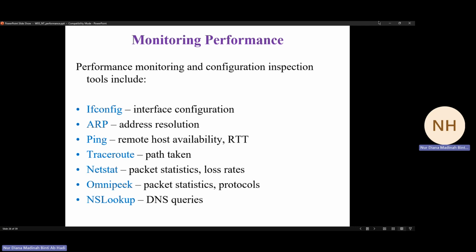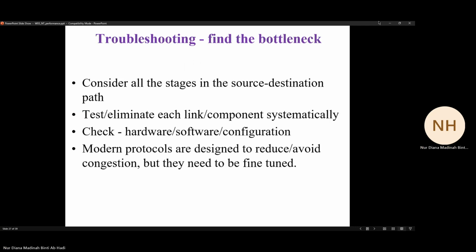The first one is ifconfig, which is your interface configuration, your ARP, address resolution, your ping, remote host availability, RTT, traceroute, which shows the path taken, netstat, your packet statistics and loss rates, your OmniPeek packet statistics, protocols, nslookup for your DNS query.